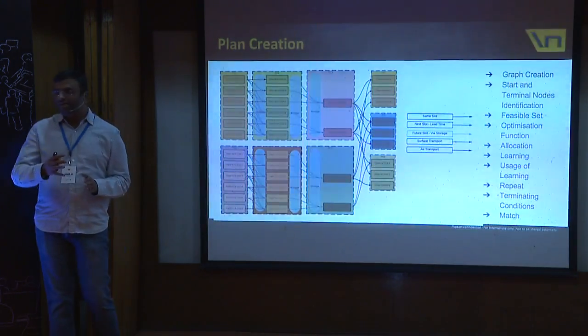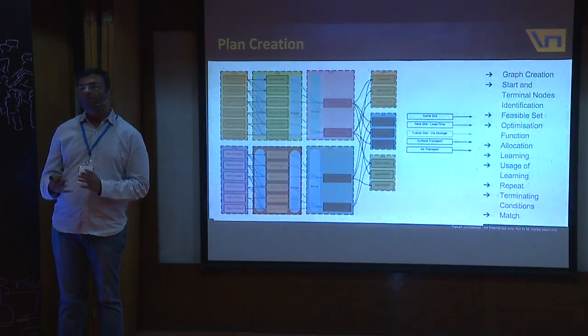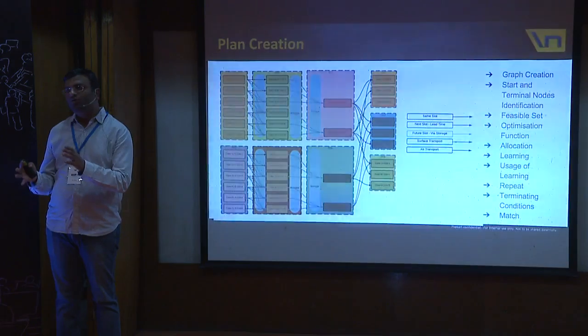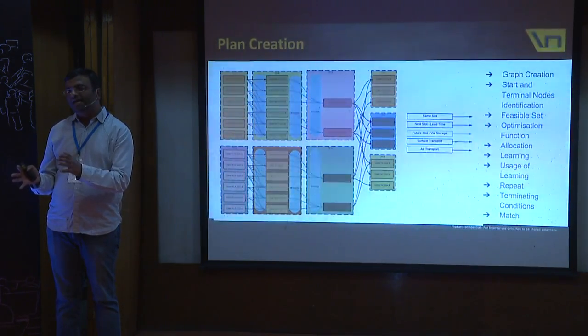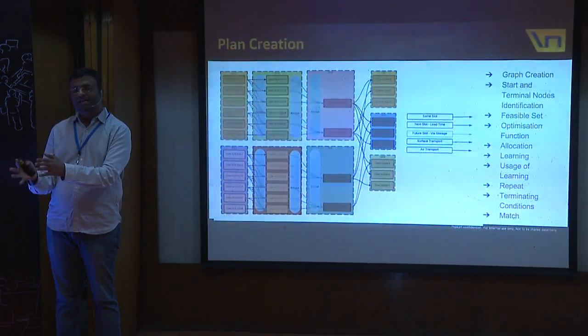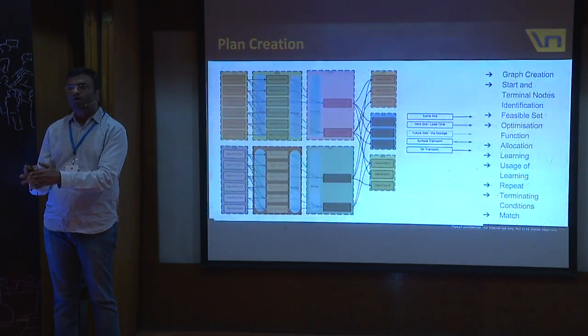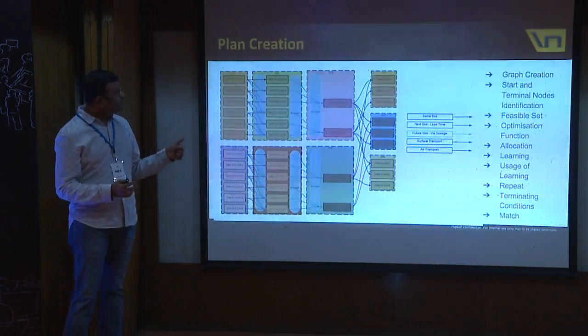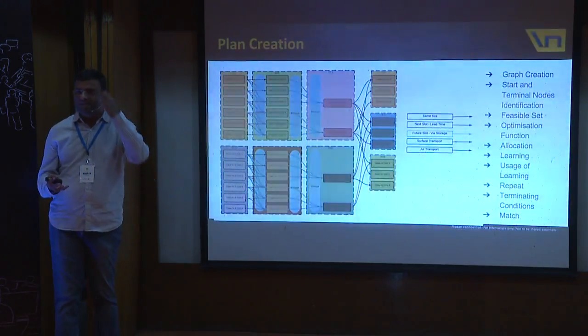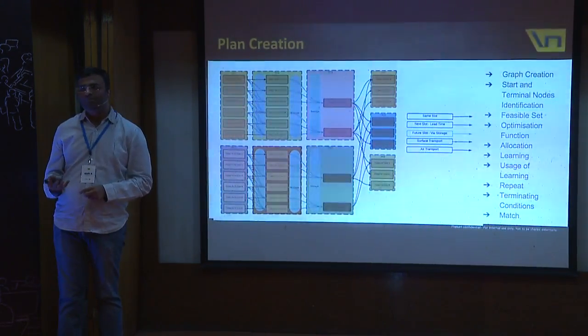Now next you have to decide what you want to optimize on. You have a feasible set, and you now want to decide among this feasible set, considering the capacity I have and the constraints, what am I going to fulfill? So that's your optimization function. A simple optimization function could be, I want to maximize my profit.